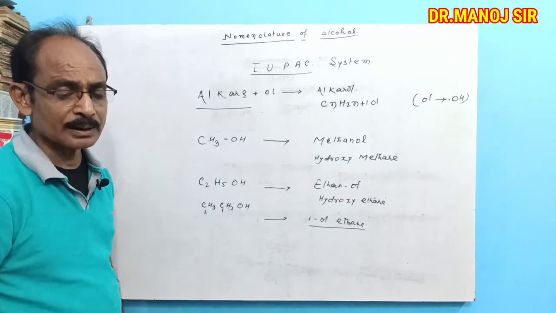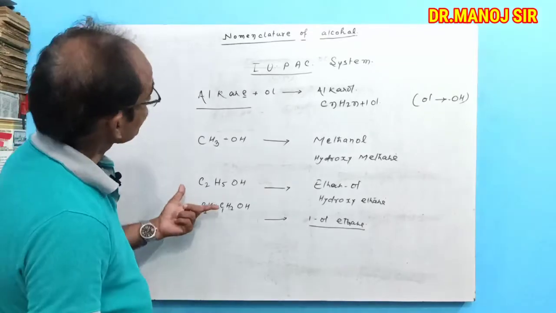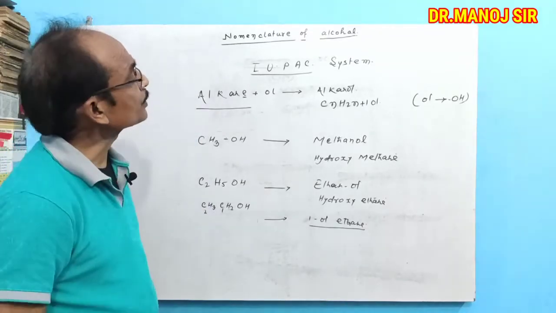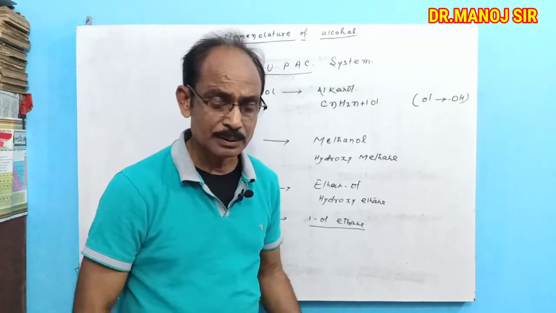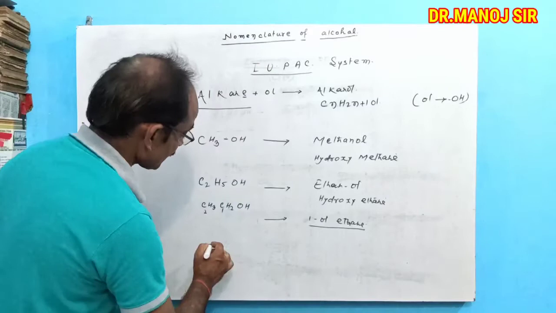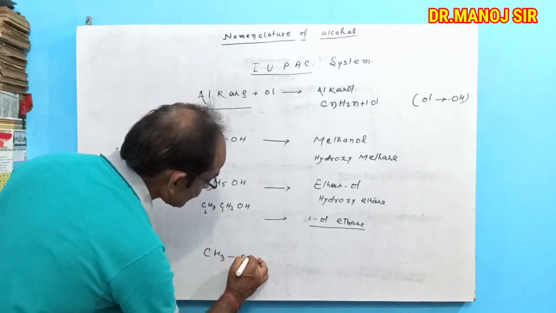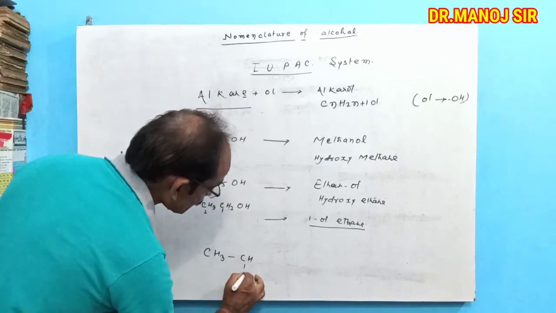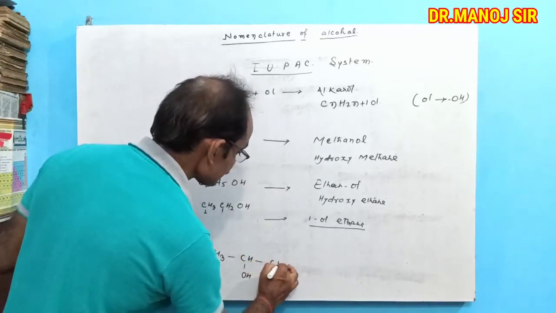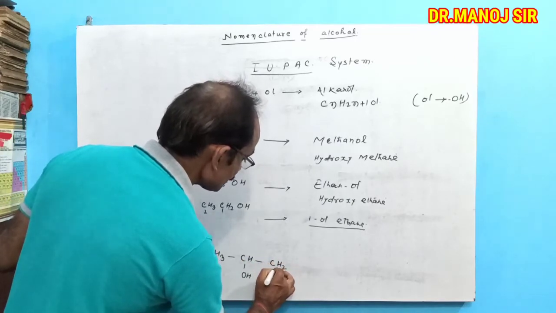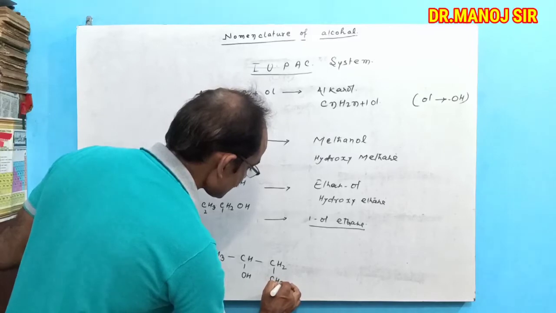Similarly, another example of such a type of alcohol compound is written as CH3CHOHCH2CH3.